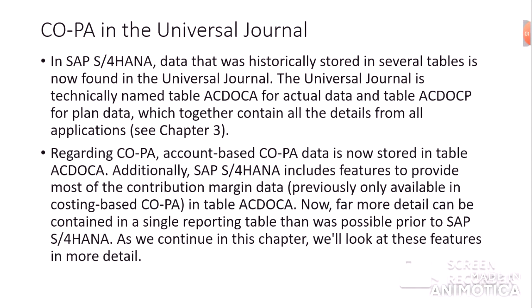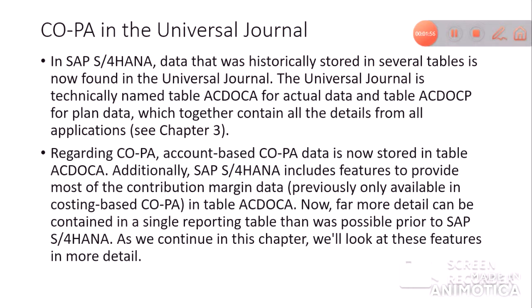So COPA in the Universal Journal. In SAP S/4HANA, data that was historically stored in several tables is now found in the Universal Journal. The Universal Journal is technically named Table ACDOCA for actual data and Table ACDOCP for planned data, which together contain all the details from all applications. Regarding COPA, account-based COPA data is now stored in table ACDOCA.